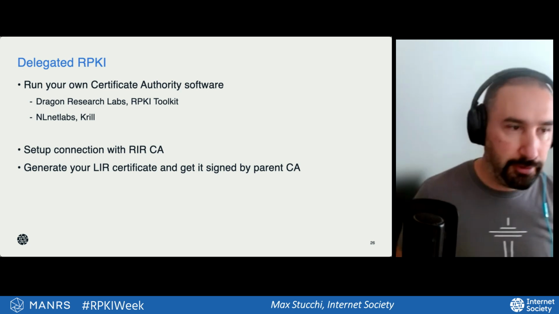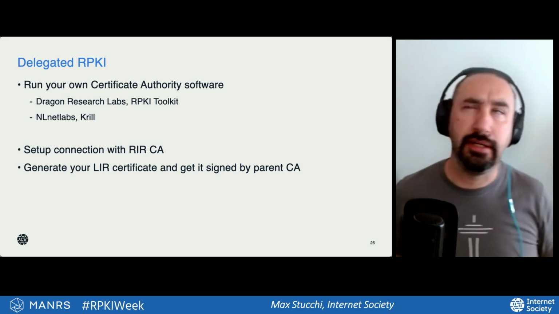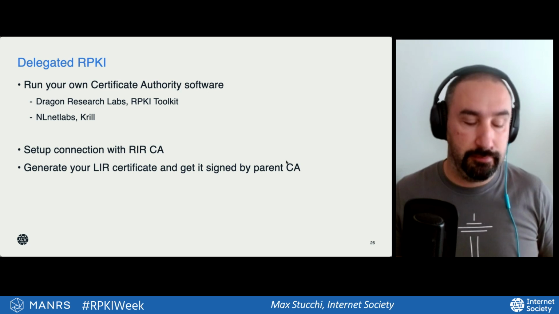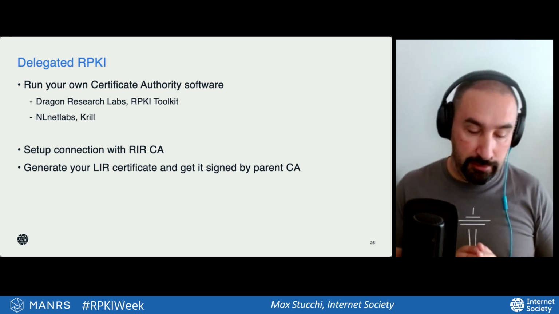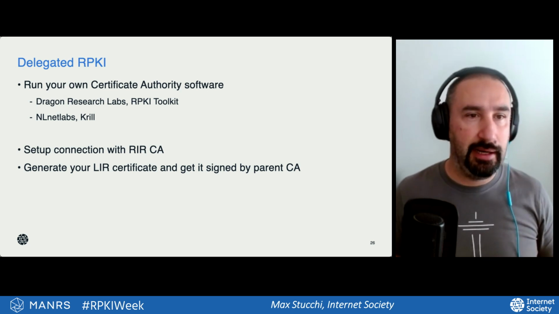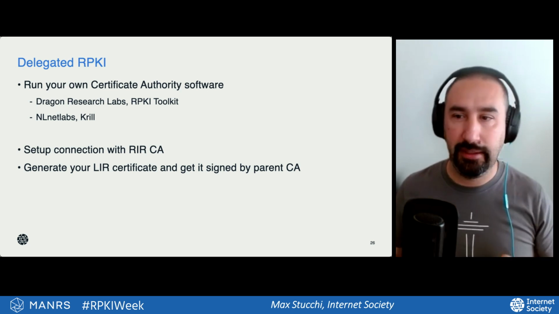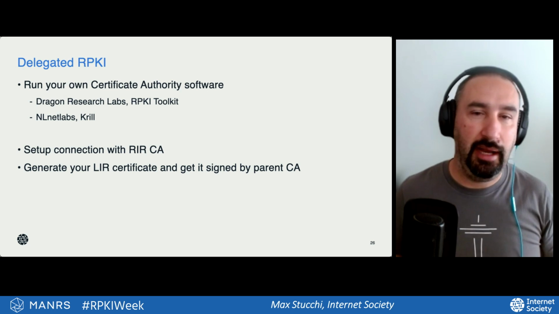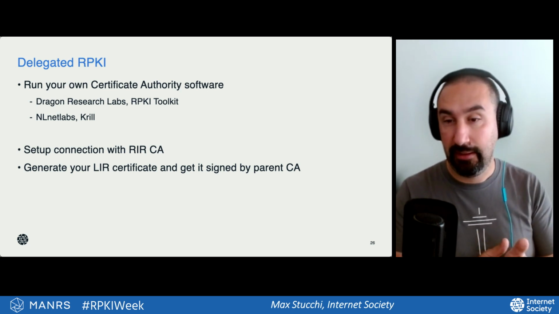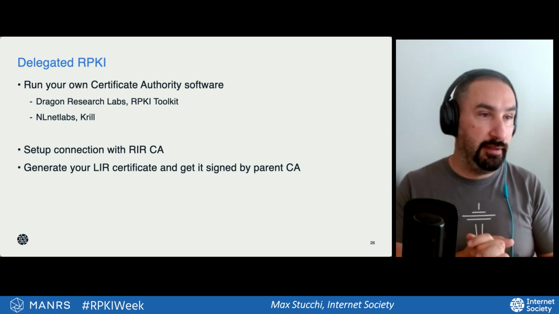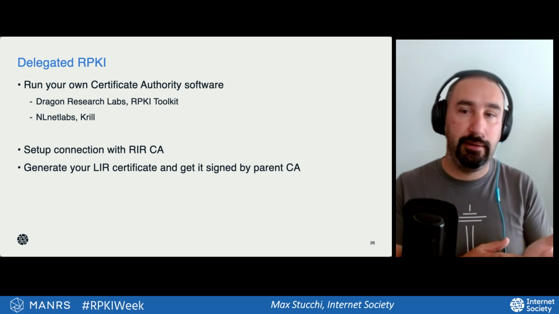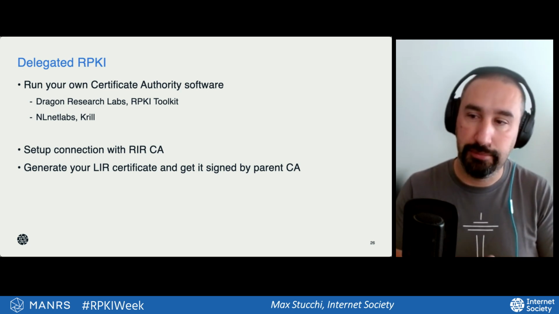There's a discussion going on these days. Well, not really a discussion, but there's a change happening where, let's assume you are a network that has resources, so networks, prefixes, allocated from ARIN, RIPE, and APNIC. How would you go about this? You could run your delegated RPKI, you could run your own Krill, and the RFCs don't mention anything about where you should be publishing your objects.